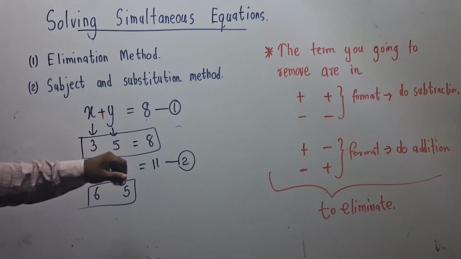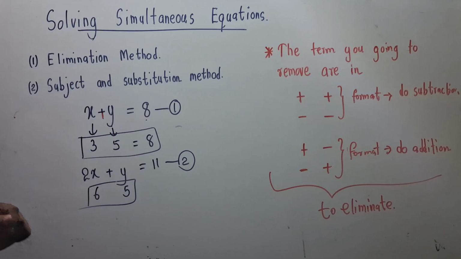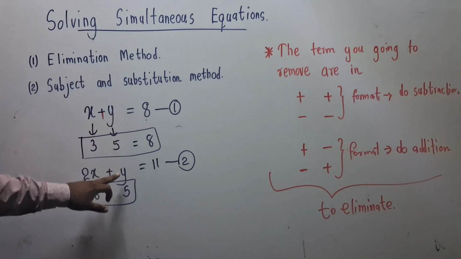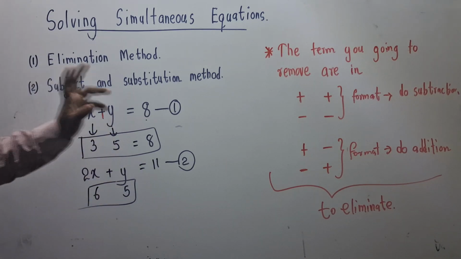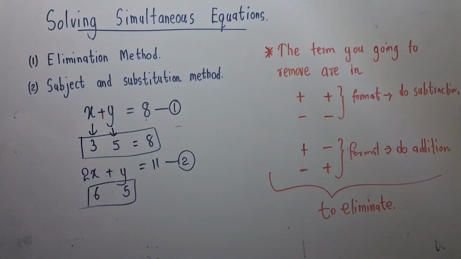Now the equations I got are x plus y equals 8 and 2x plus y equals 11. The y values are in plus format. So what do I have to do? I have to do subtraction. Okay, I'll erase this part. You can pause the video and write.